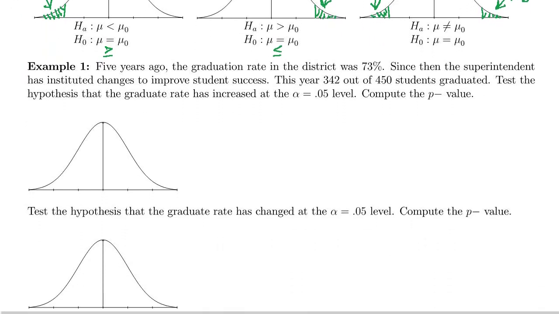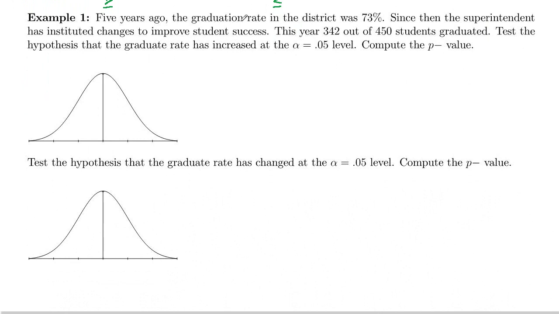Five years ago, the graduation rate in the district was 73%. Since then, the superintendent instituted changes to improve student success. This year, 342 out of 450 graduated. Test the hypothesis that the graduation rate increased at the alpha 0.05 level, and we are computing the p-value.